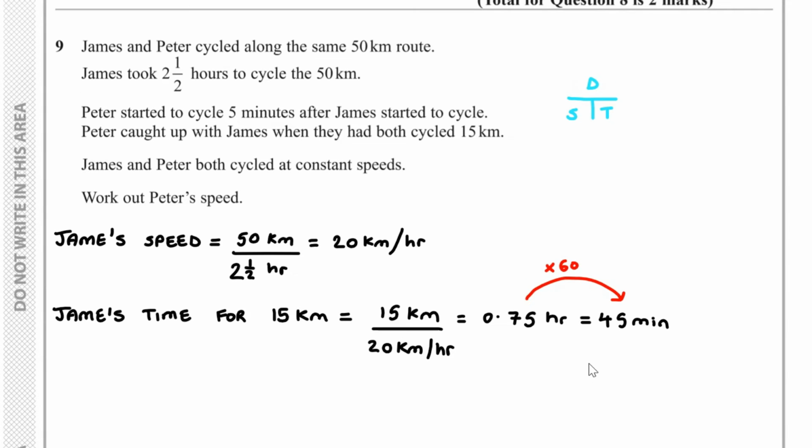Well, we know that Pete started to cycle 5 minutes after James started to cycle. So with this, we can find out Peter's time to cycle the 15 kilometers. So Peter's time to cycle the 15 kilometers is equal to 45, that's shown here. Take away this 5 from here.